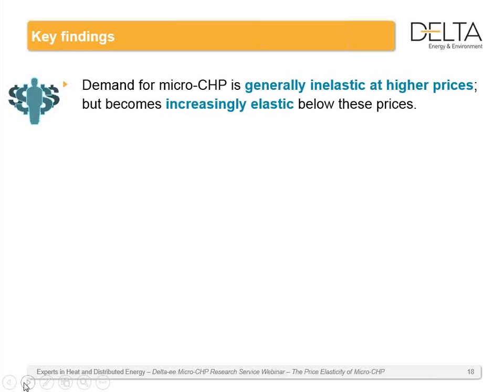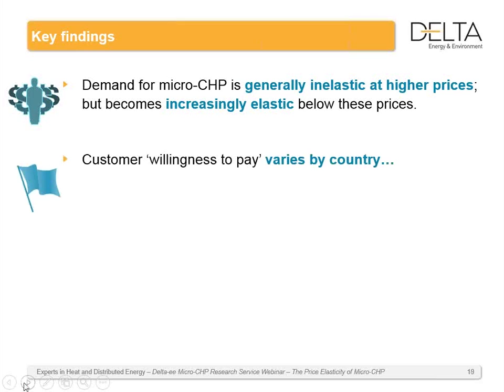In an inelastic price region, say a higher cost price region, more typical of what we find just now, it doesn't make sense to try to reduce the selling cost of the product because larger volumes will not follow, but of course profits will fall. Conversely, as we drop down the price curve, customers become increasingly more elastic to small changes in what the product costs.